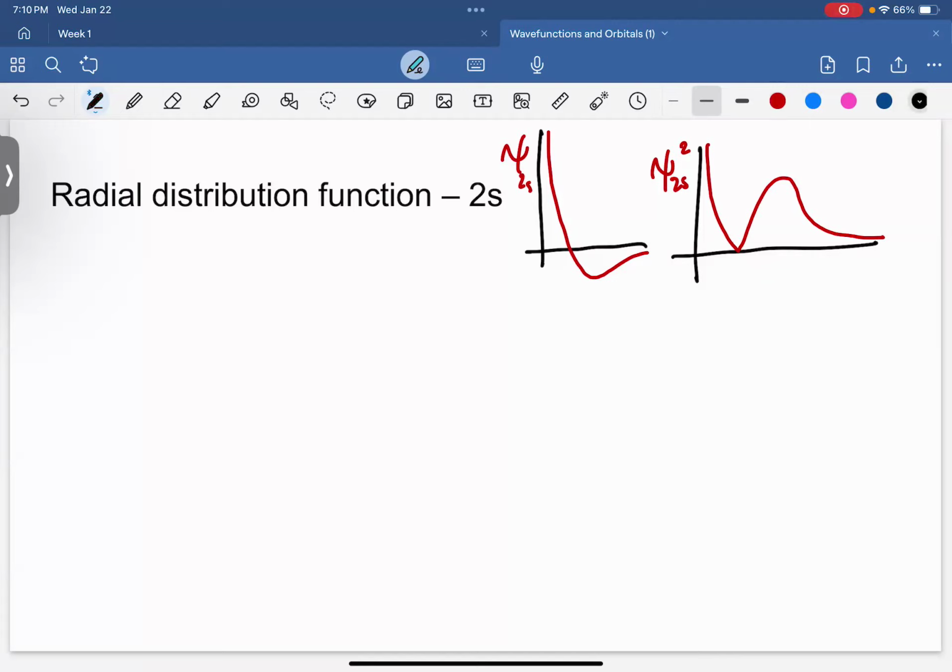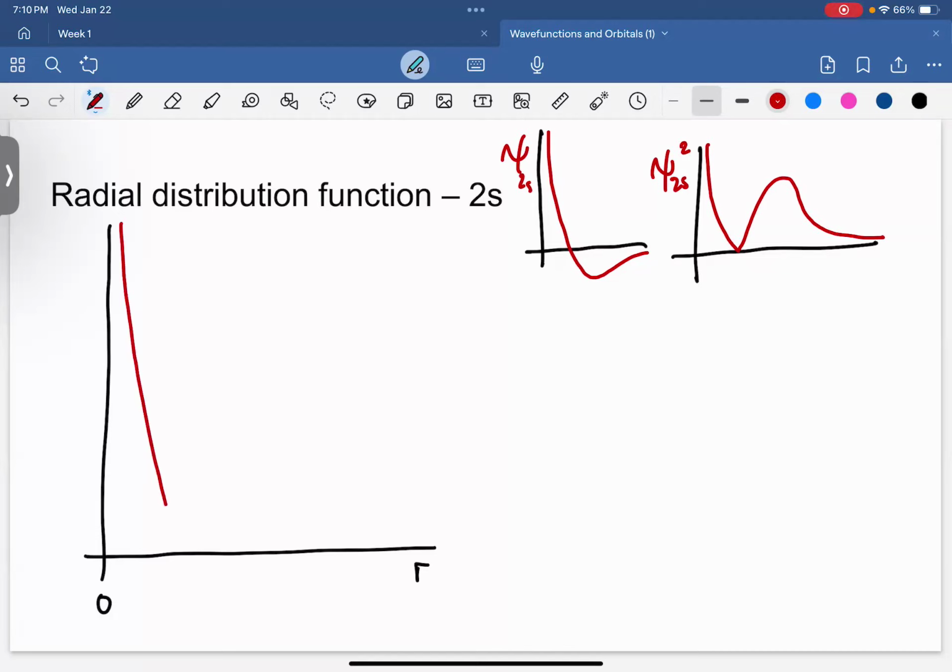So now when I draw my same picture I drew before, here's my psi 2s squared. That's my wave function.